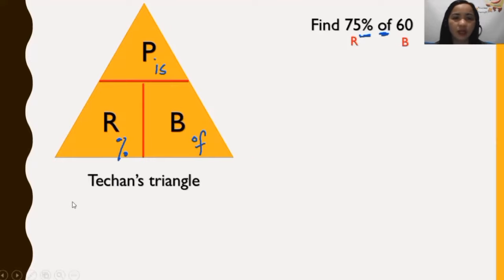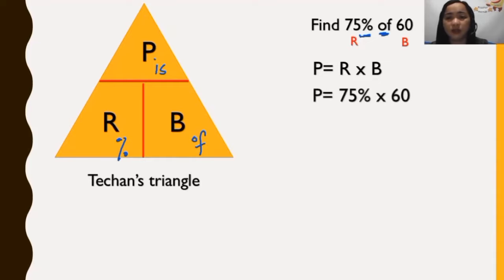What is missing here is the percentage, and that is rate times base. So let us substitute the given. We have here 75% times 60. But remember, we cannot multiply a number if it is in percent. So we need to change 75% to decimal.